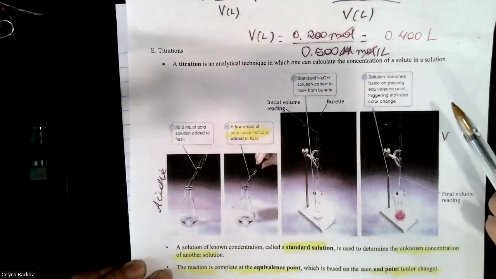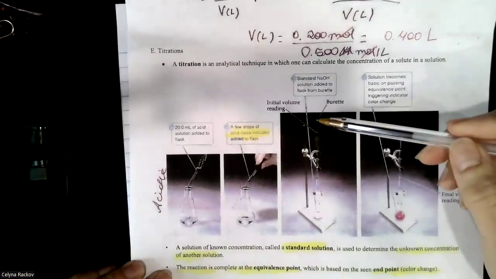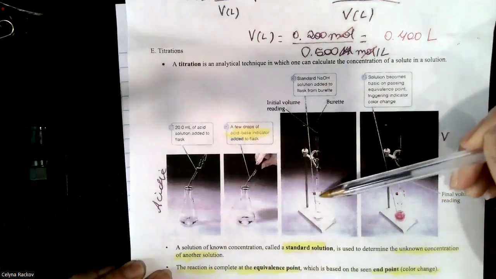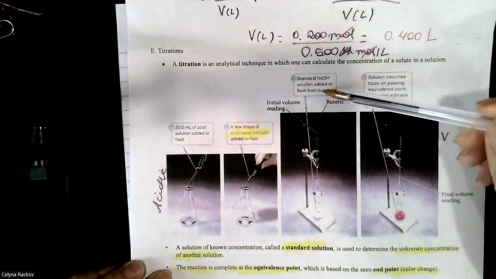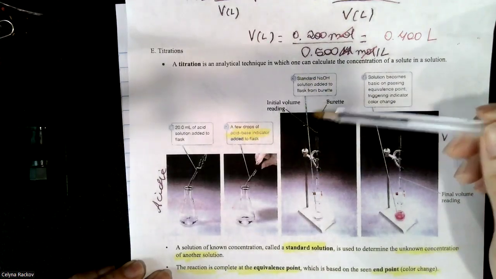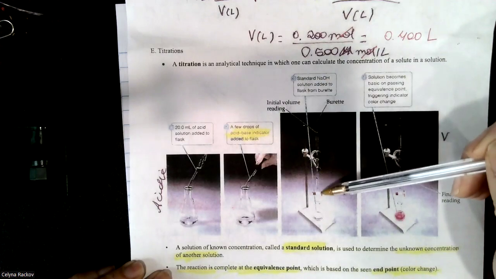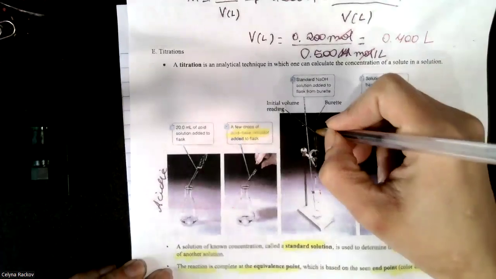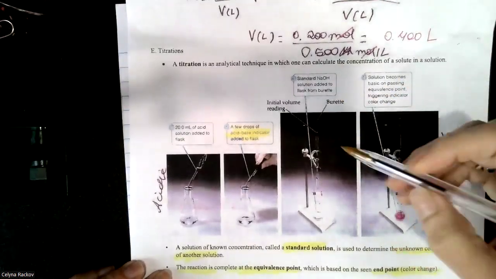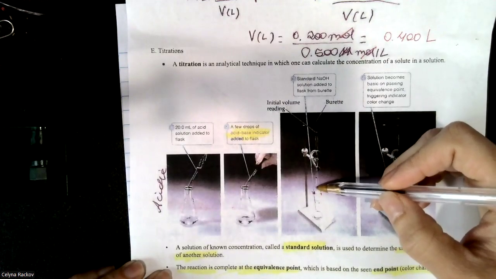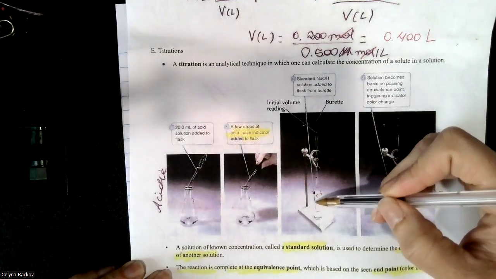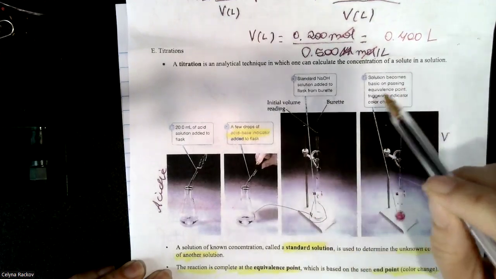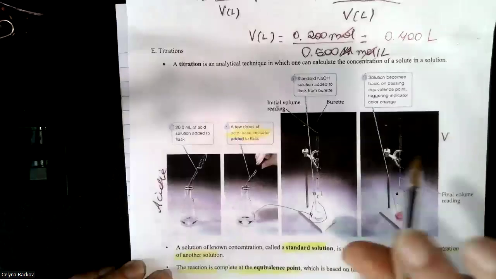Right? And then we have the burette. In the burette, you are going to add your solution. For example here, you are going to add standard sodium hydroxide solution in the burette. You are going to read what your initial volume is. So there's the burette here, and we have this Erlenmeyer here, right? With your acidic solution, whose concentration you don't know yet.